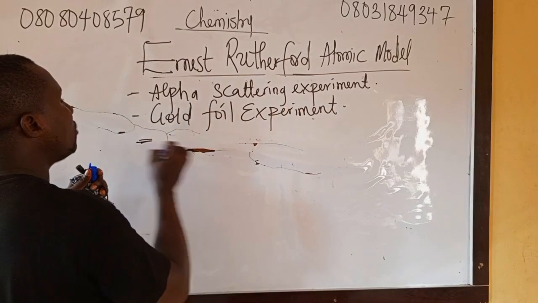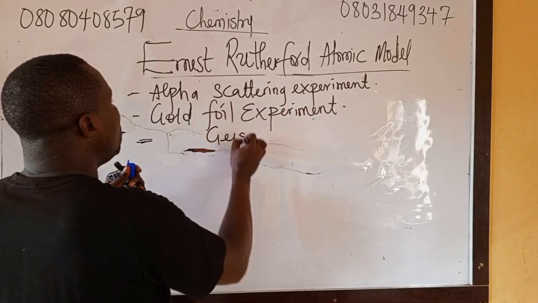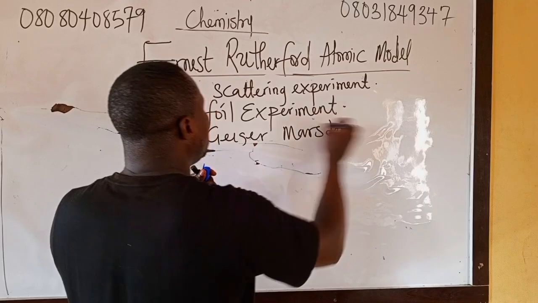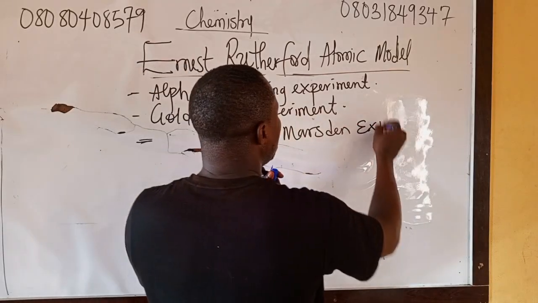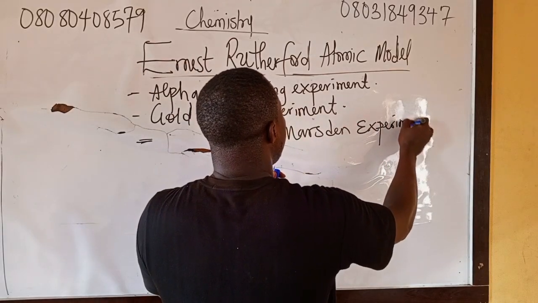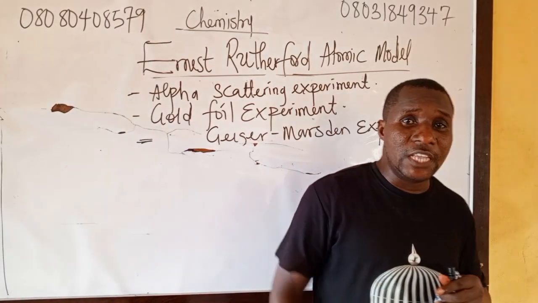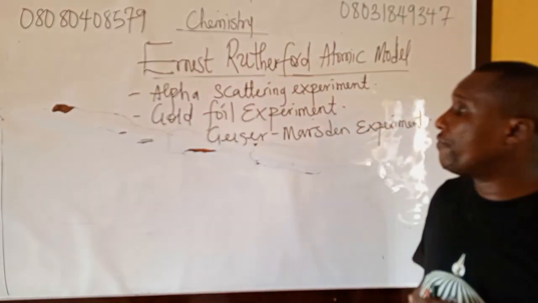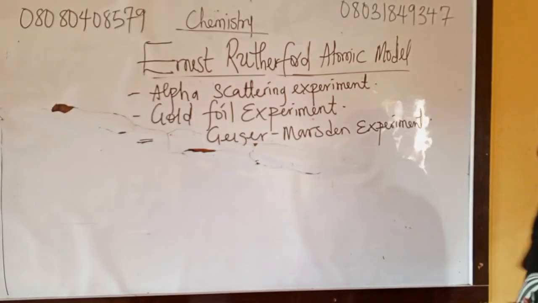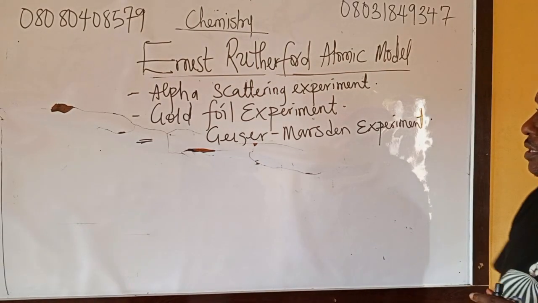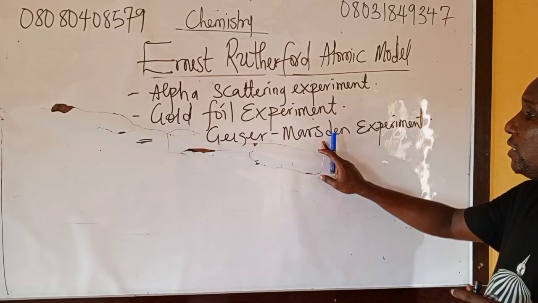The experiment can also be called the Geiger-Marsden experiment. Take note of this. Ernest Rutherford experiment can be called alpha scattering experiment, which can also be called gold foil experiment, which can also be called Geiger and Marsden's experiment.